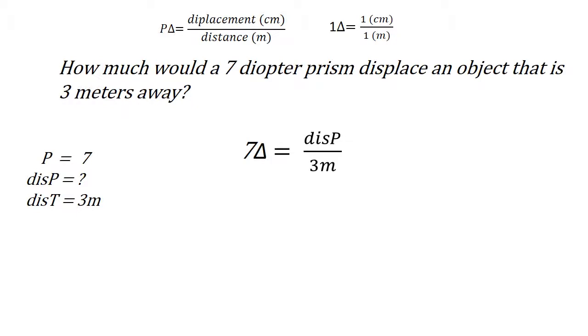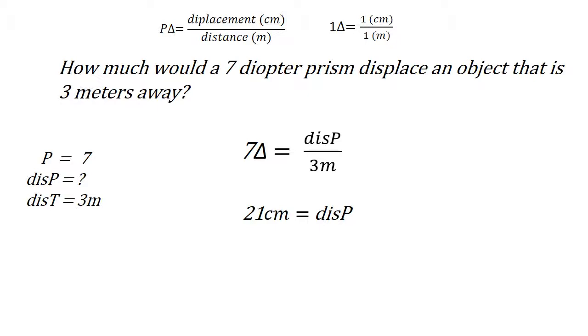Okay, we just fill the numbers into the formula, and then we multiply both sides by 3 to get rid of that 3 in the denominator, and we end up with an answer of 21 centimeters. So you see that the math here is simple. The effort comes in memorizing the formula.